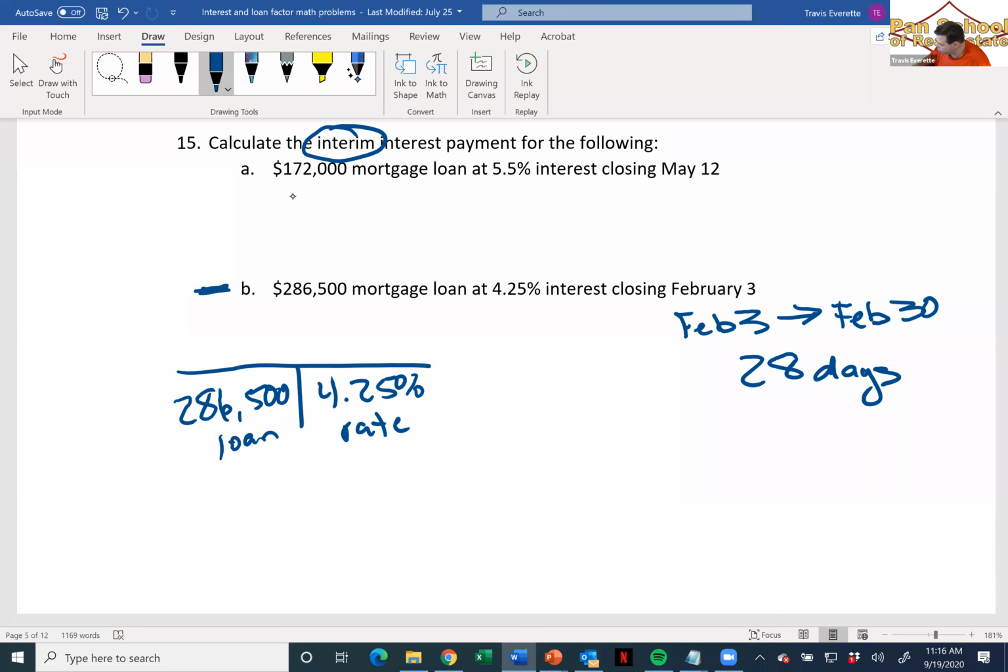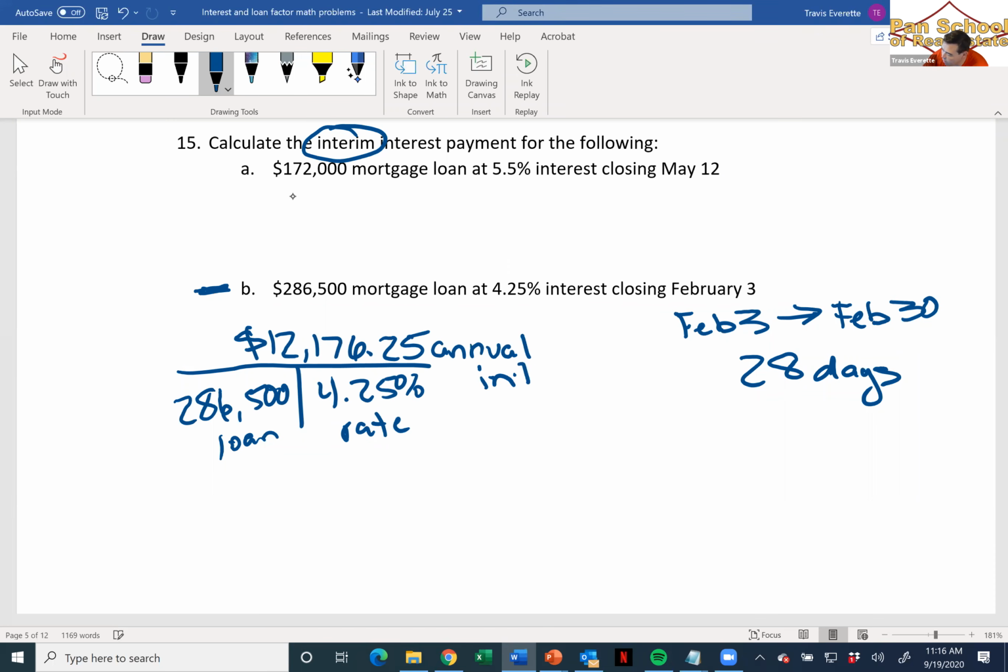So 286,500 times 4.25% gives 12,176.25 in annual interest.